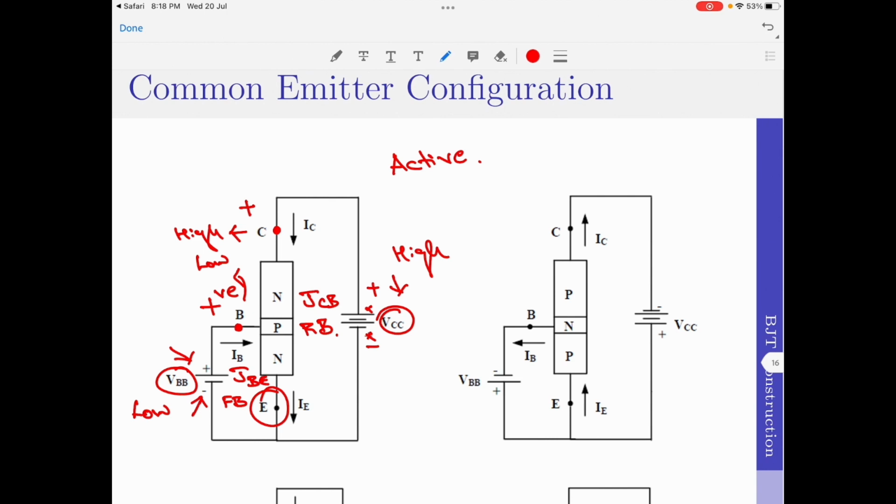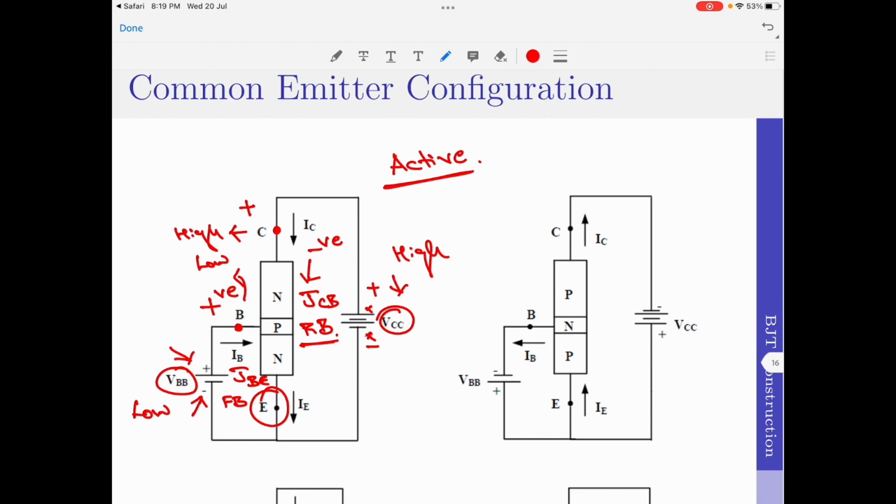Where is the base connected to? The P-type semiconductor region. And if you look at the potential, the N semiconductor region is at high potential and the P semiconductor region is at low potential. Therefore, the potential across the collector to base junction is negative, because of which it will get reverse biased. This is how you operate the common emitter configuration circuit in the active region of operation.